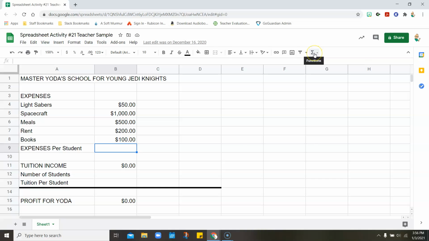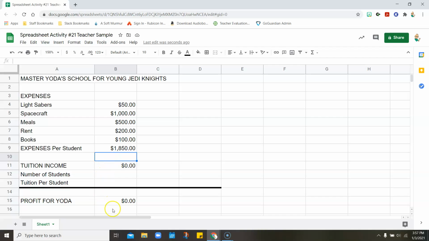You could go over here, sum, and you could go ahead and add everything together like that. That's the expenses per student, okay? So that's what each student has to pay, and that doesn't include how much the tuition costs are. All right, then you have to start playing around with the numbers.